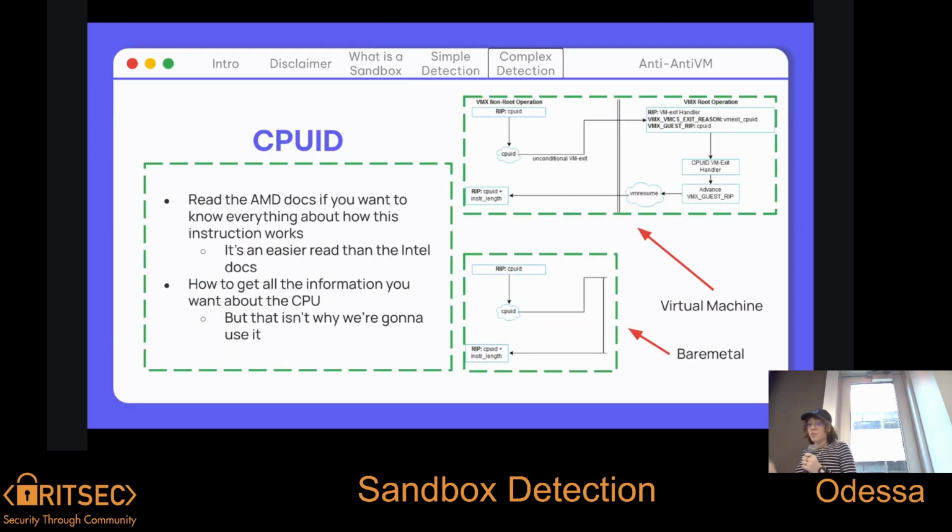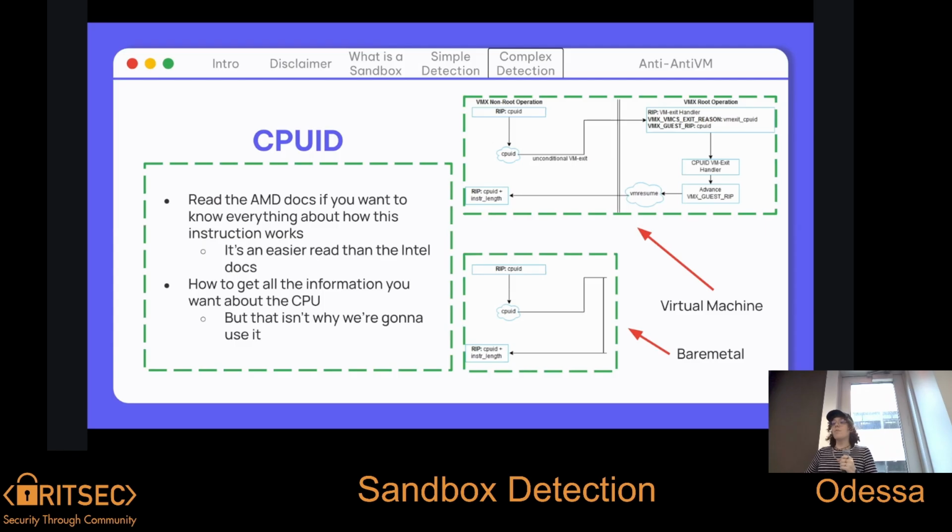Going on to specifically CPUID, the AMD docs are better if you want to read up on this. The Intel docs are awful, but you do what you've got to do. CPUID by itself just gets information you want to know about the CPU. It's a rather benign call, but we're not using it for that.